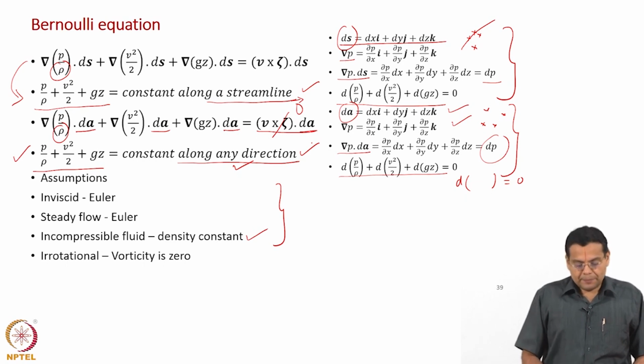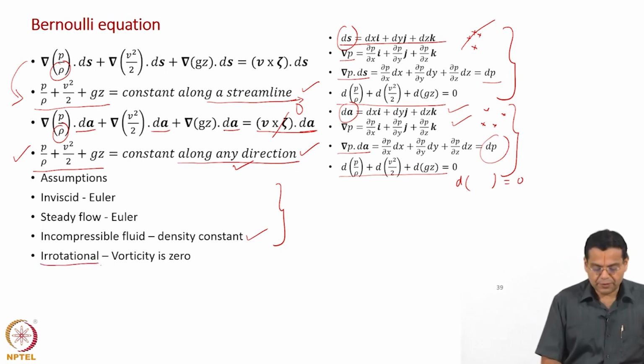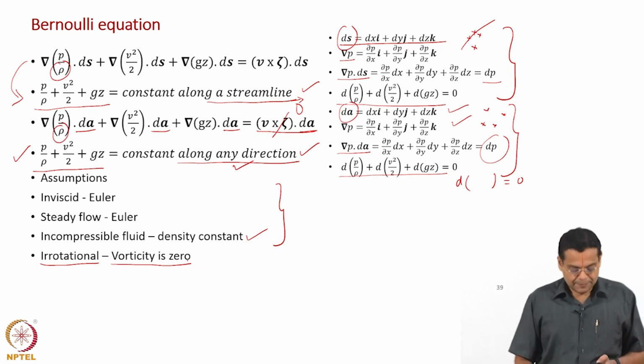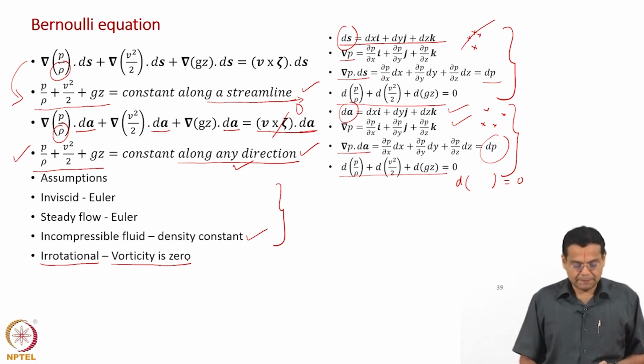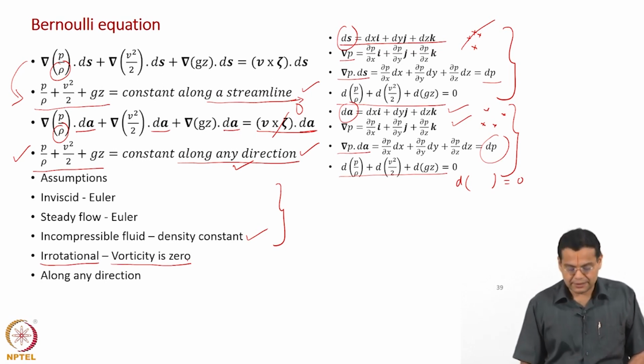Now, what is the extra condition here, extra assumption? Irrotational flow, which means vorticity is 0. Okay. That is the extra condition for the second form of Bernoulli's equation, and which results in the statement that the sum of the three energy terms is a constant along any direction.